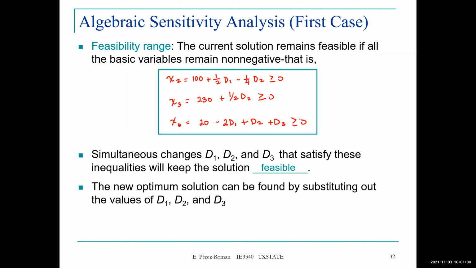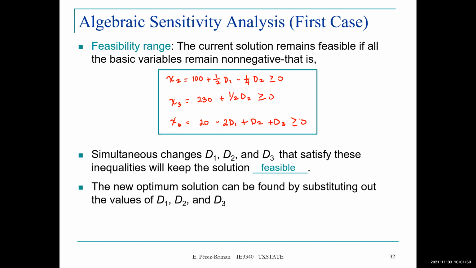So that will make your problem infeasible. So for any increase that I make to d1, if I make d1, let's say equal to 10, I know this condition will be satisfied. So that's feasible. But if I make d1 11, this decision variable will be negative. So my problem will become infeasible.